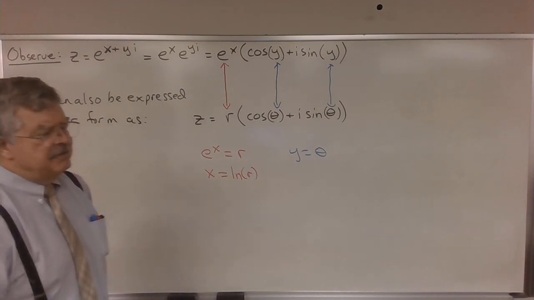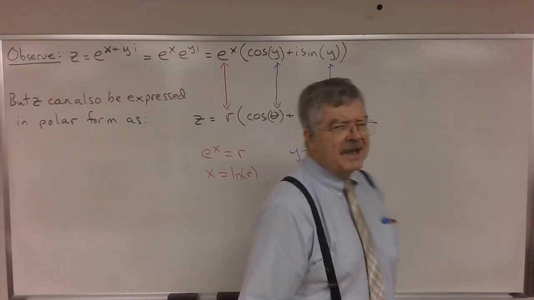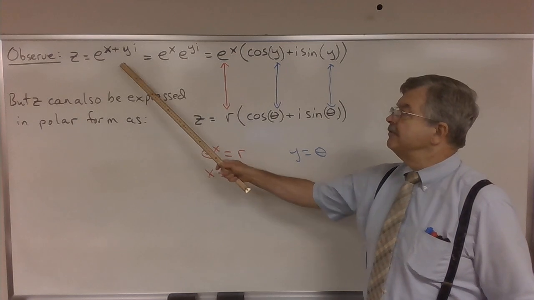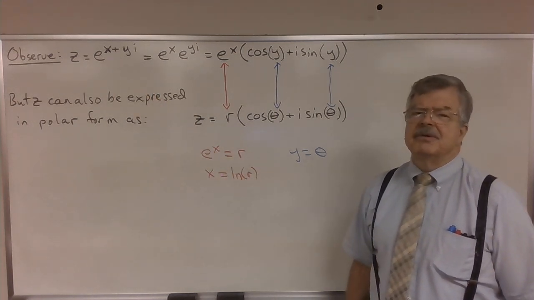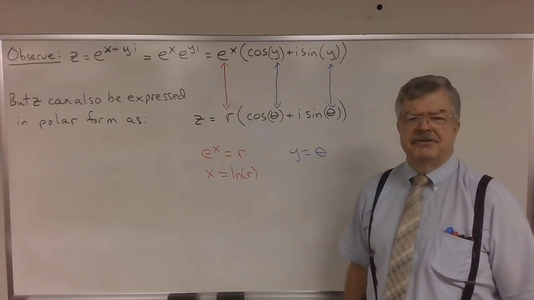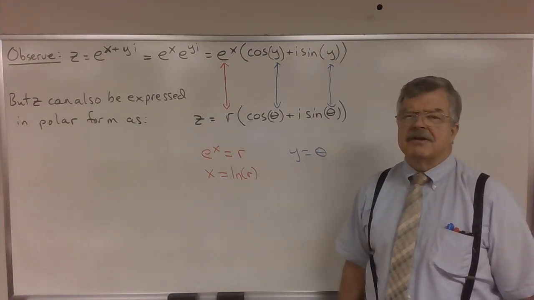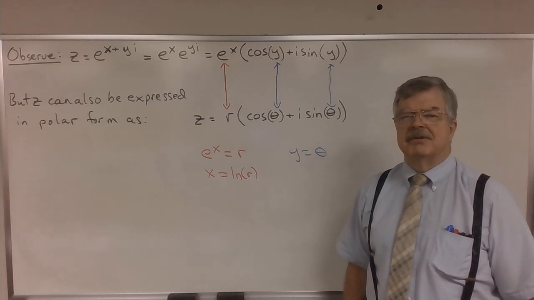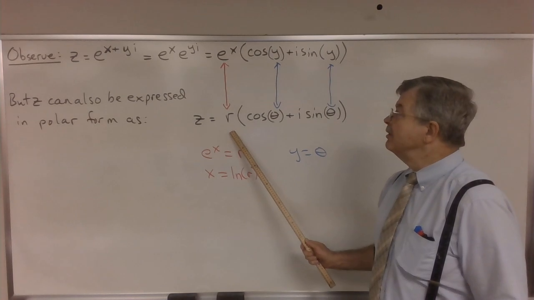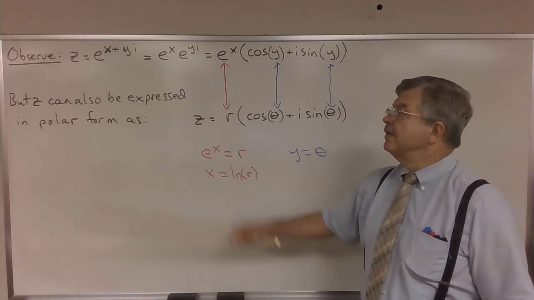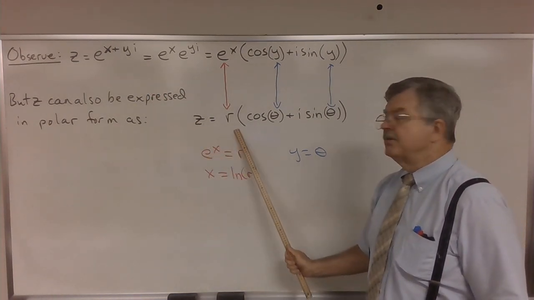But what I'd like to do now, just to get us comfortable with this expression, is just do a couple of conversions back and forth. Just a couple of examples, exercises, where we convert from polar to this form or from this form to polar form.